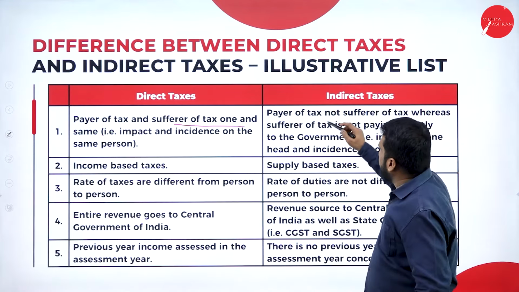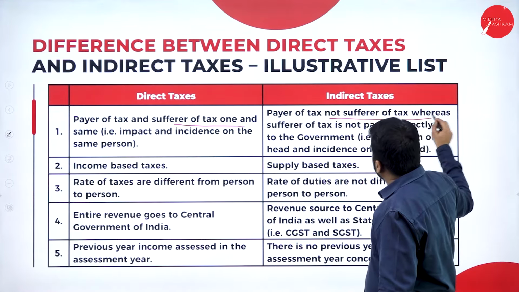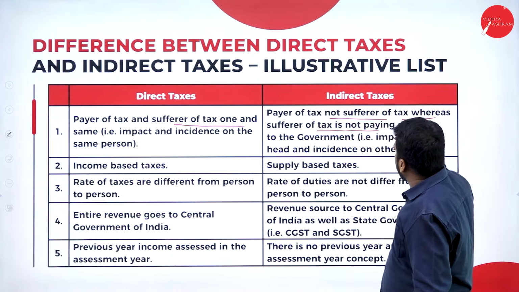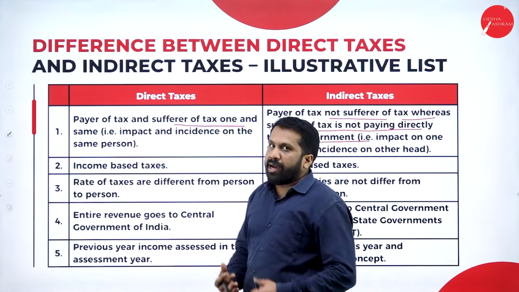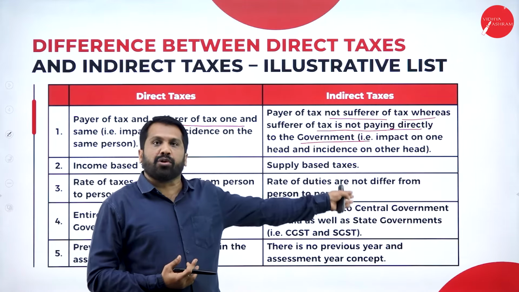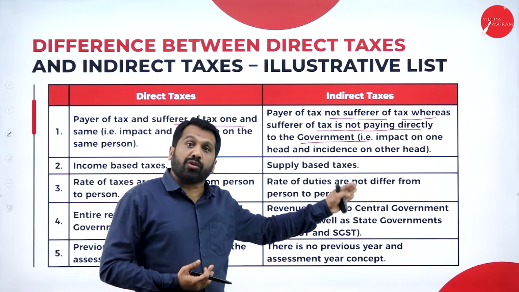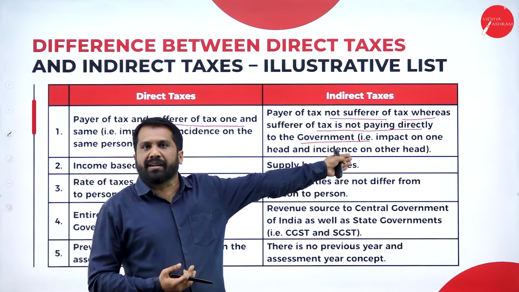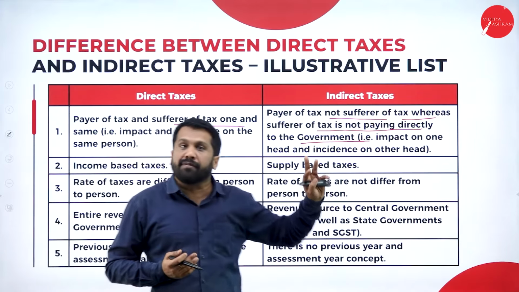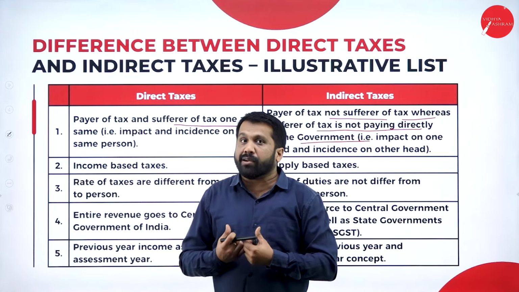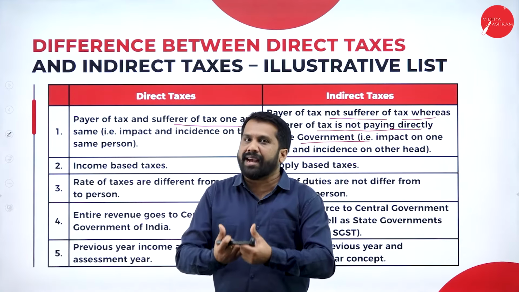Whereas in indirect tax, payer of tax is not the sufferer of tax. See, as I told you, I am buying a car, I am paying to the showroom, I am not paying to the government. Showroom person will pay to the government. That is the reason the payer and sufferer differ here. Even though I am only suffering, I am suffering indirectly.